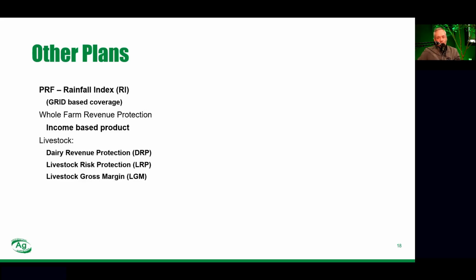So these work really well to protect against lack of rainfall, but also in areas where it's hard to determine a true yield, right? For pasture, it's hard to determine exactly how much grass is out there when we're not harvesting it. We're relying on animals to do the harvesting.